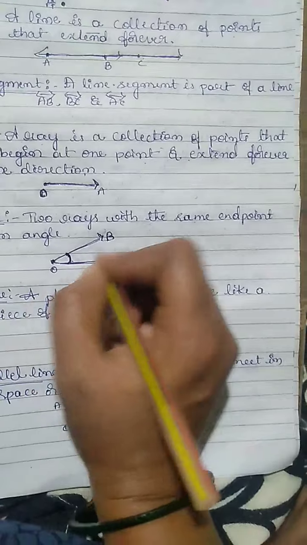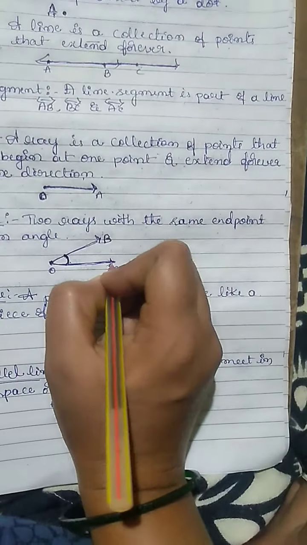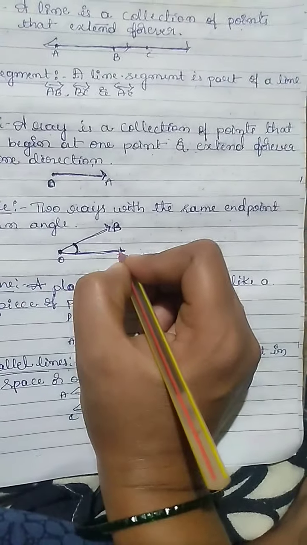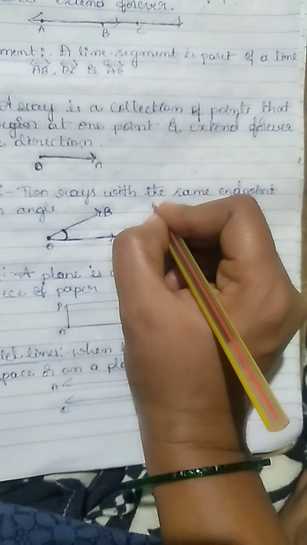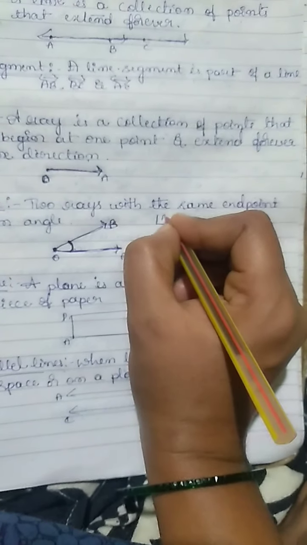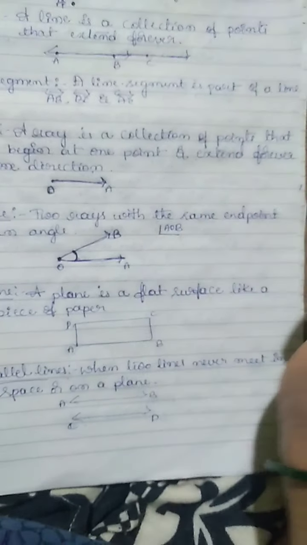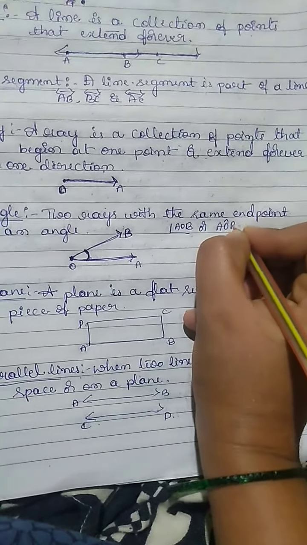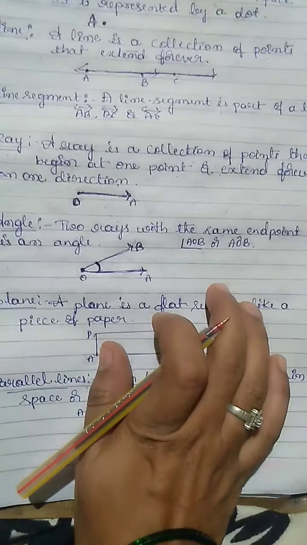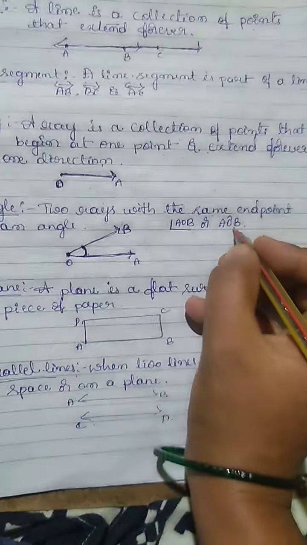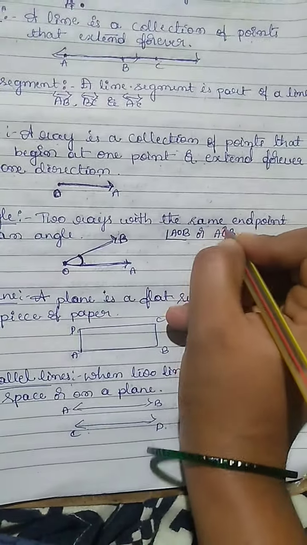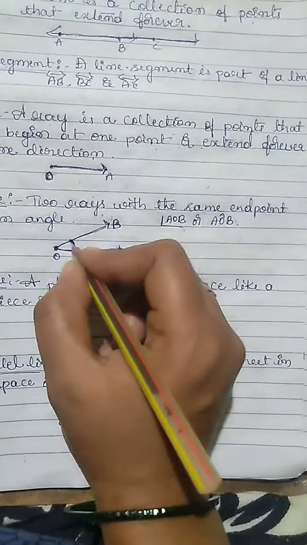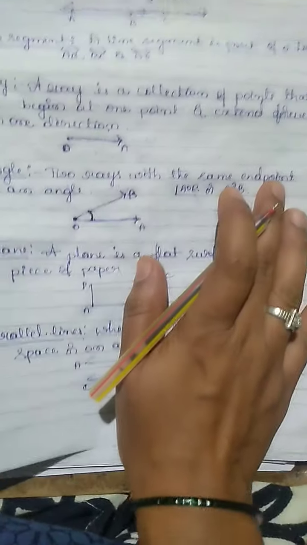This is the angle AOB or BOA, and we represent it by this symbol. AOB is the angle. These are the symbols we use to represent an angle. The gap between the two rays is known as an angle.